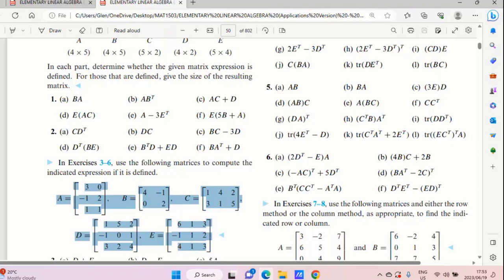I first multiplied matrix E by 4, then I transposed it. Is it fine like that? It's not fine. So I have to transpose it first, then multiply. Yes, we first transpose, then we multiply. Okay, thank you, sir.